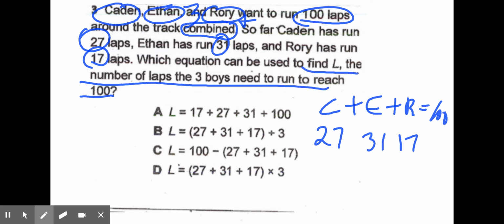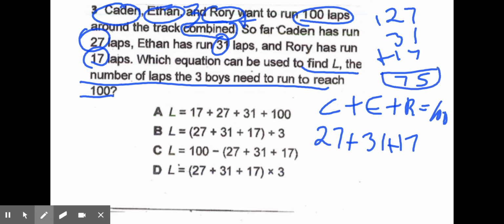So the boys aren't at 100 yet. If I add 27, 31, and 17, let me just go add those. I'm curious. How much have they run? Oh, they've only run 75, so they're not to their 100 yet. So how much do they still need to run?